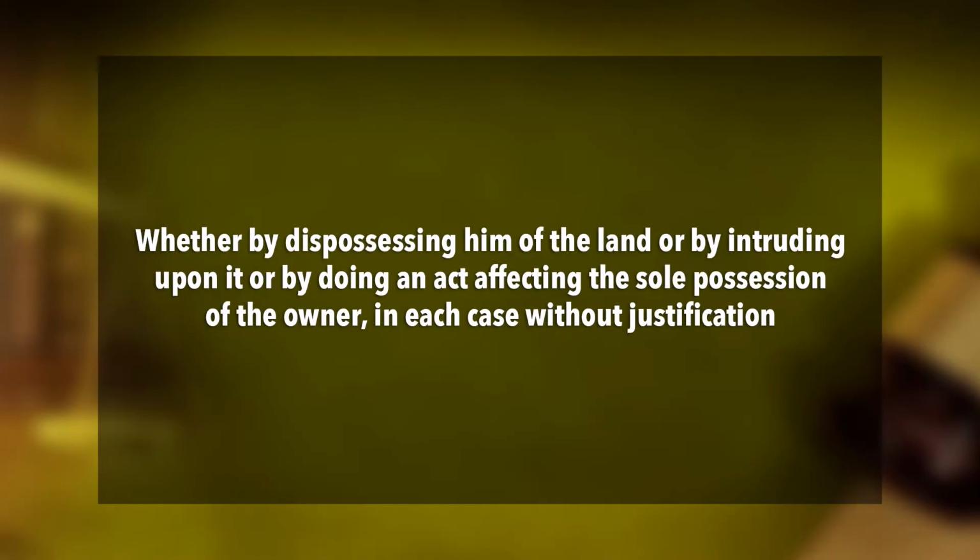An owner in possession of land can bring an action of trespass against a person who interferes with his right of exclusive possession, whether by actually dispossessing him of the land, or by intruding upon it, or by doing an act affecting the sole possession of the owner, in each case without justification.